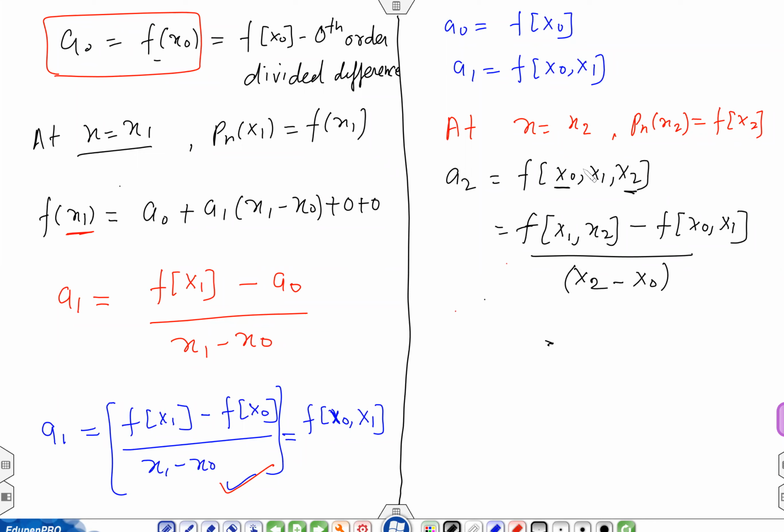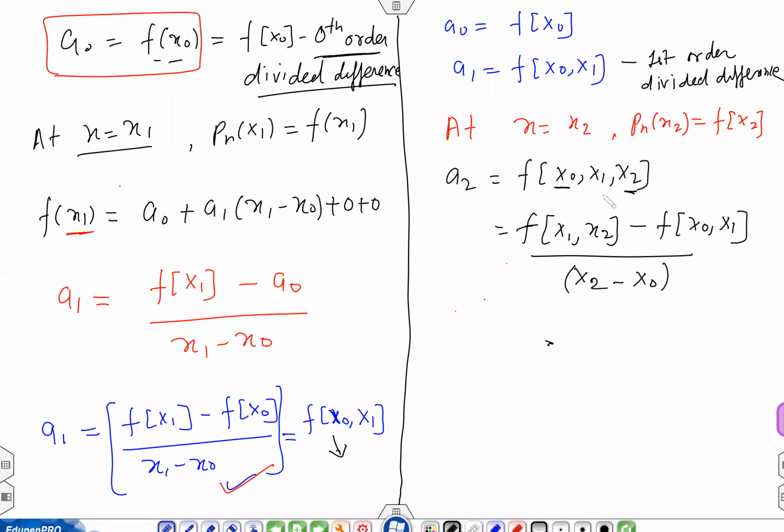I told you when there is one term, we call it the zeroth order divided difference. When there are two values, it is called the first order divided difference.